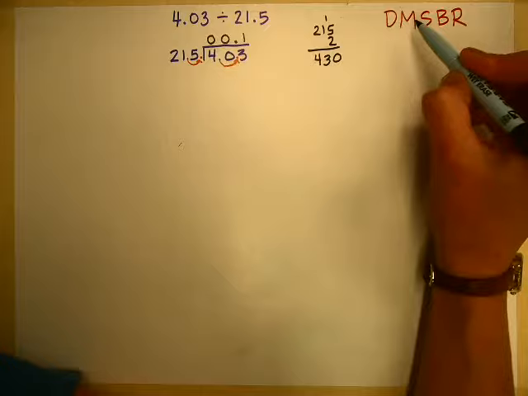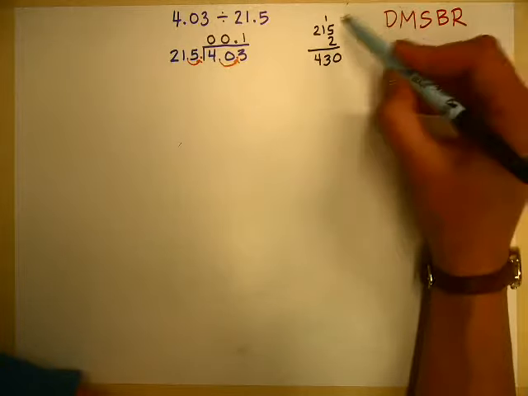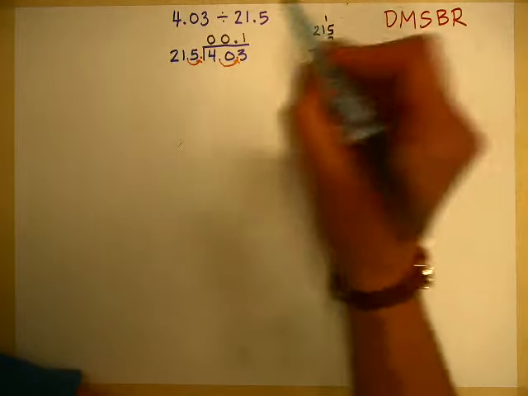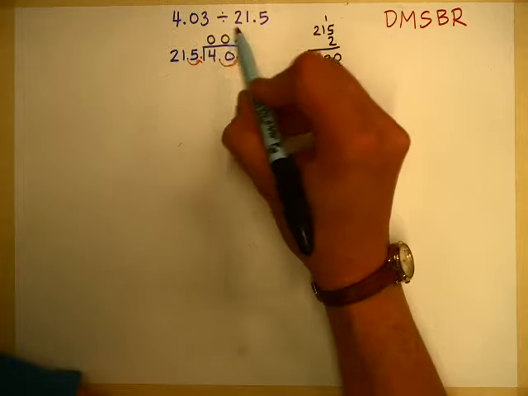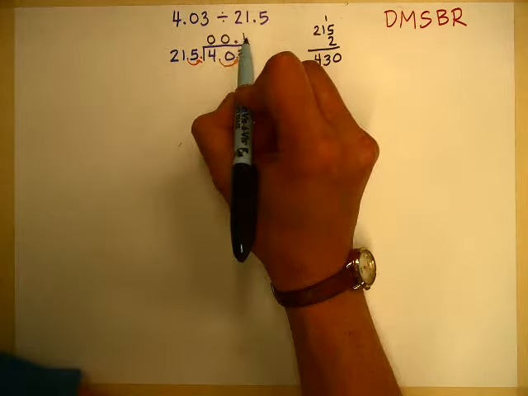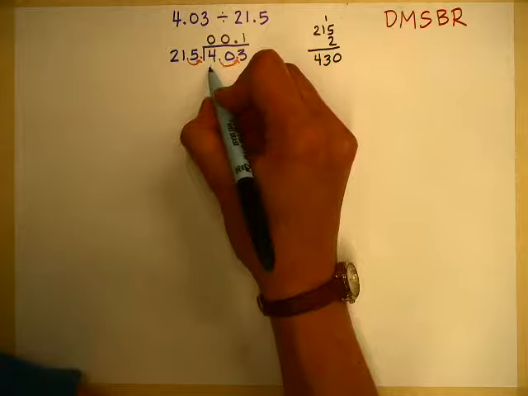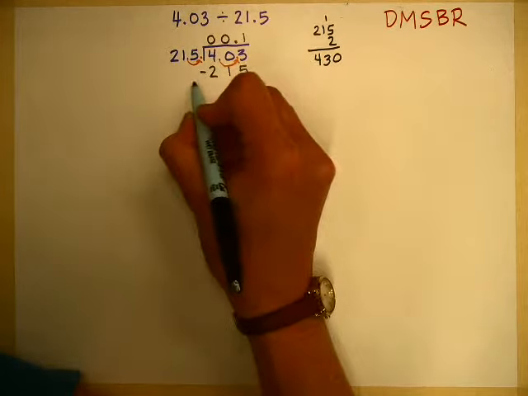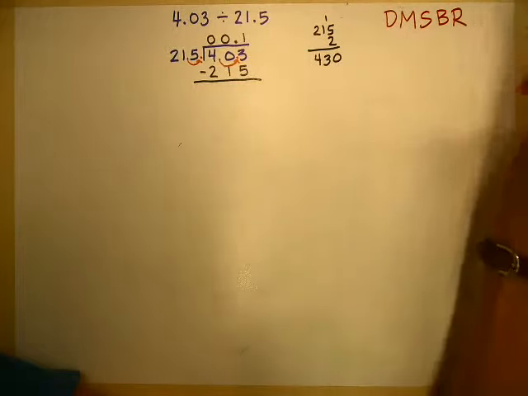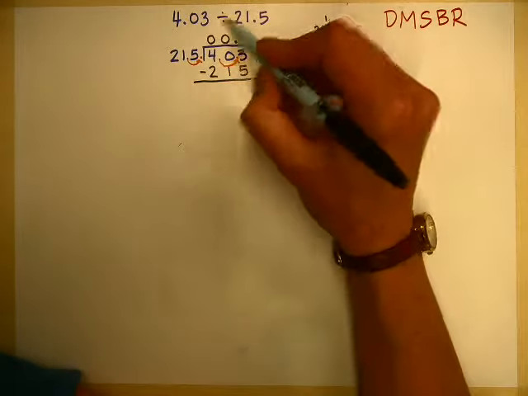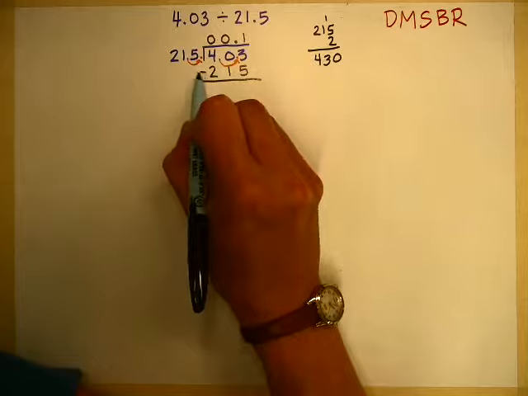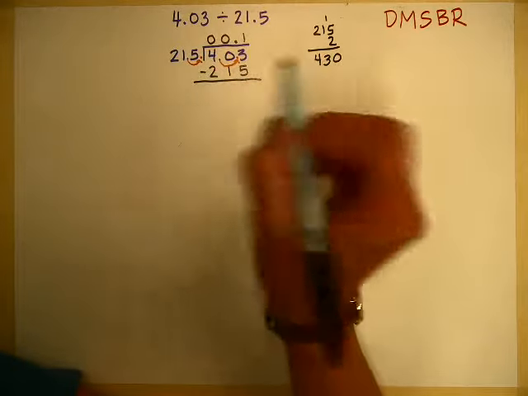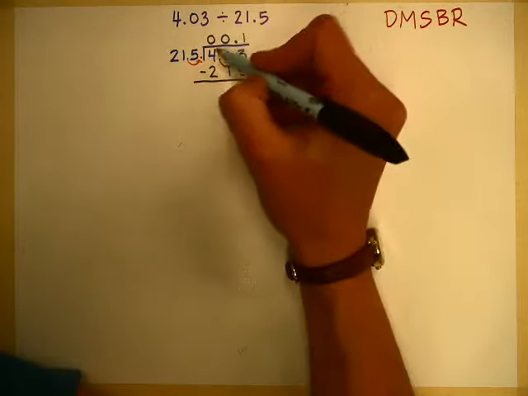We have not multiplied. Well, we multiplied here, but we need to multiply now these two numbers. 1 times 215. Everything times 1 is just itself, so I'm not even going to do that over on the side. And after multiplication is subtraction, to see what we have left over from the 403.